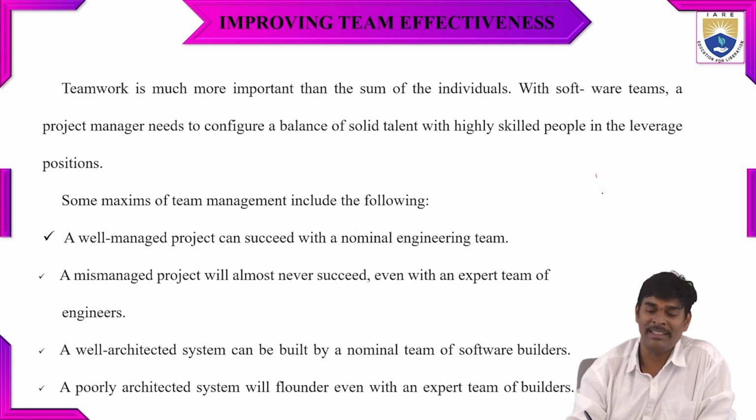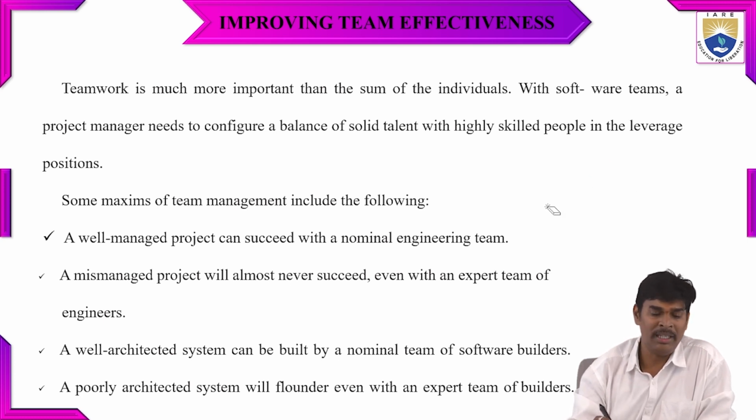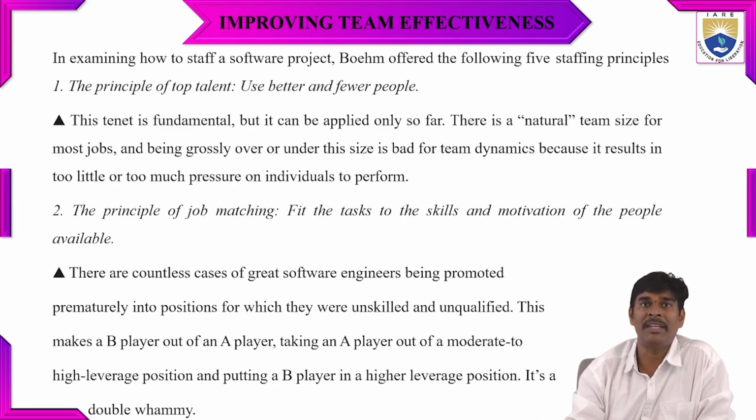So if your design is not proper for the project, even though you have experts in your team or in your company, it will not succeed. So the conclusion in this team management is, for the team members there should be understanding and cooperation from one member to another member, and have a well architected and well managed project, so that the project will succeed.